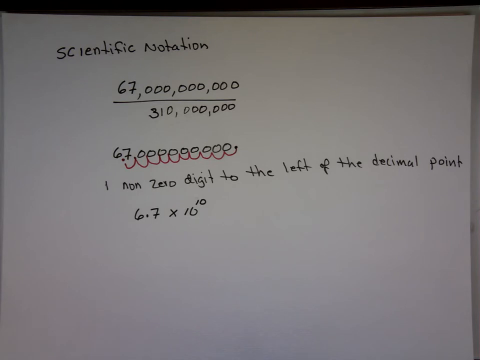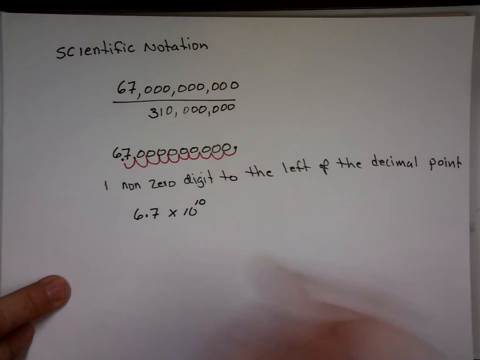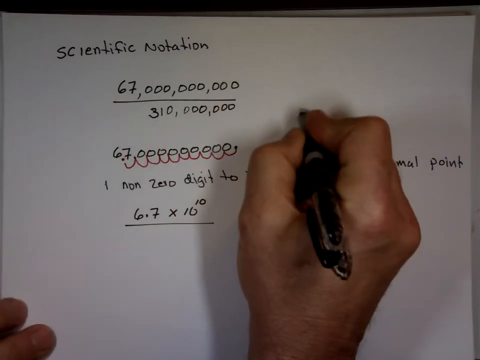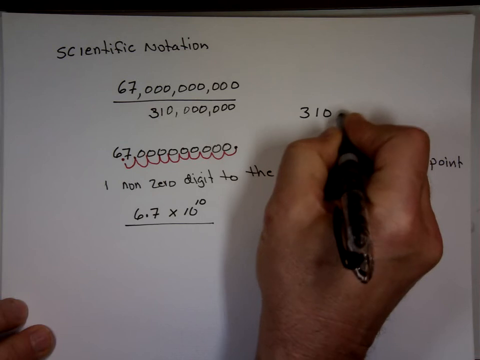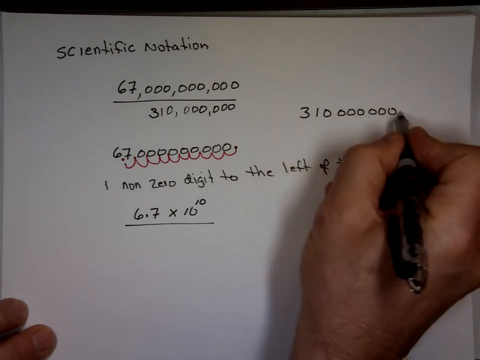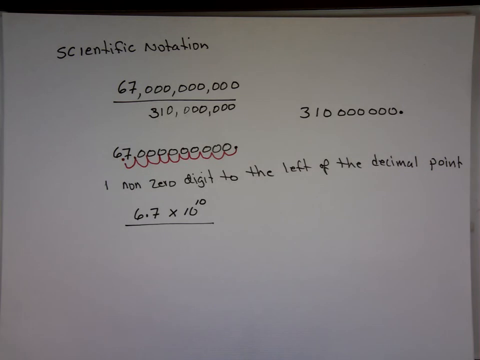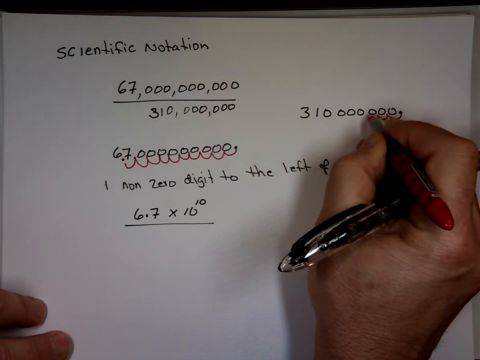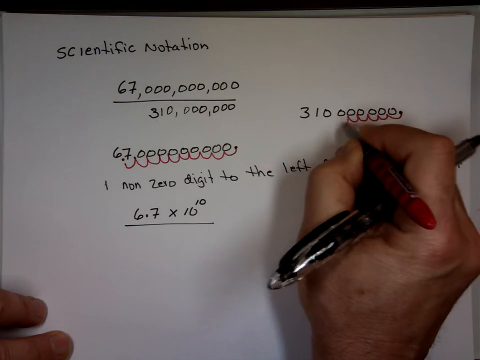And I have to take this and divide it by the 310 million people in the USA, 310 million. Again, my decimal point right now is here. I have to move it. How many places? 1, 2, 3, 4, 5, 6, 7, 8 places.